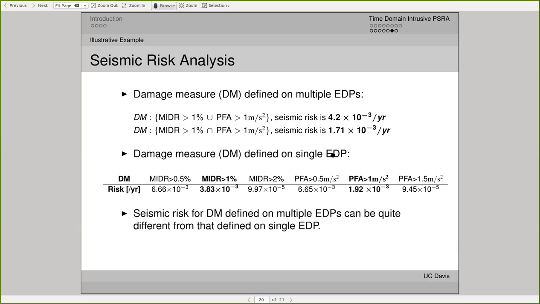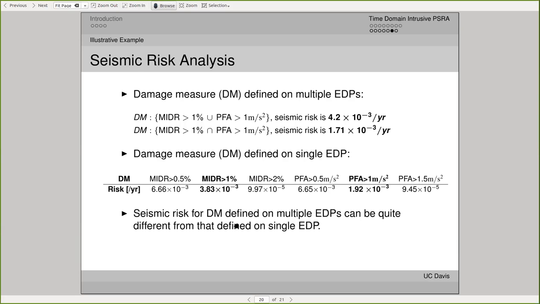They can have some significant difference. In the current framework, you cannot consider multiple engineering demand parameters, especially in your fragility analysis. But now we can consider any EDPs and any damage state. So this is a very good advantage for our framework.